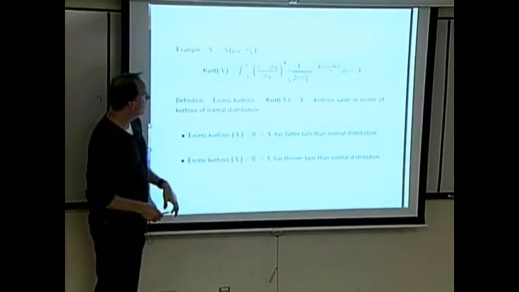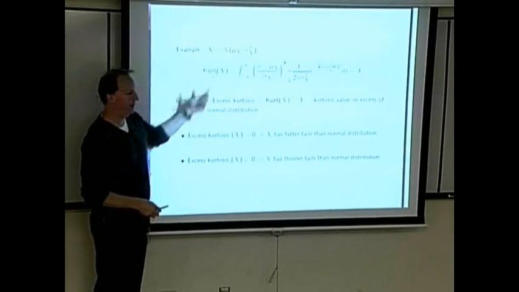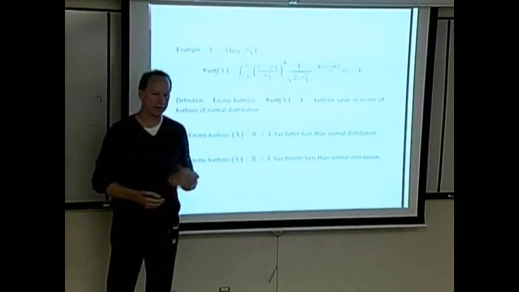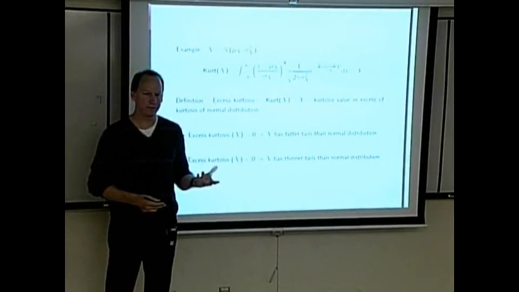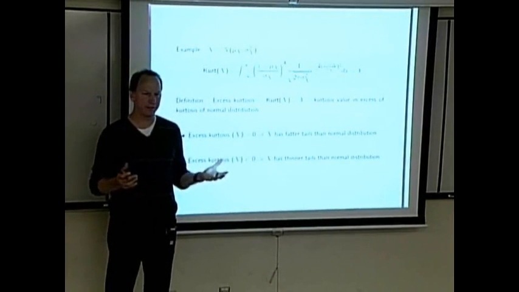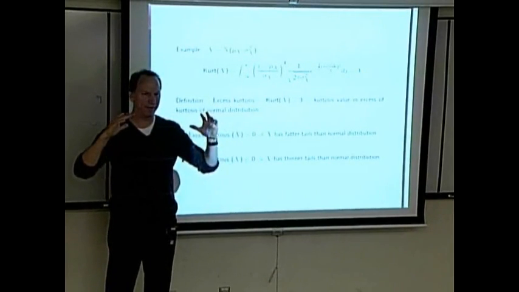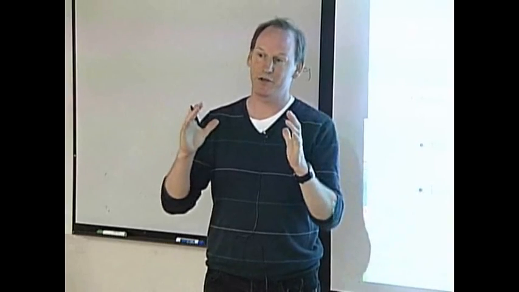Now, on the opposite side, what happens if the kurtosis is less than 3? If the kurtosis is less than 3, then you have thinner tails than the normal distribution. So you can think of 2 cases to consider.